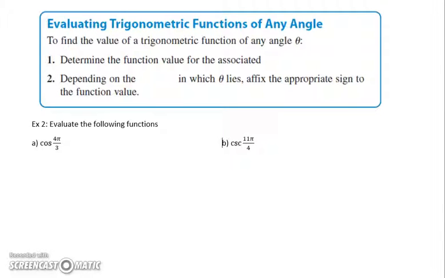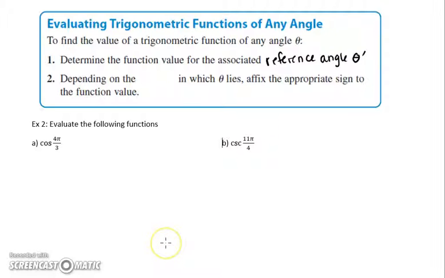Now how we're going to use these things is this way. So to find the trig value of any angle theta, what we first want to do is determine the function value for the associated reference angle, that we'll call theta prime.